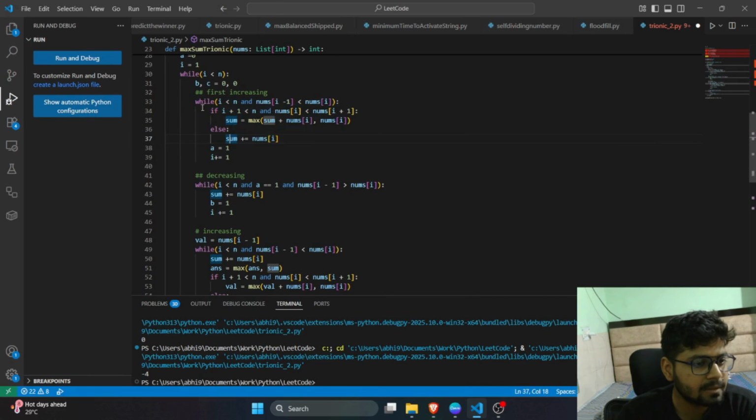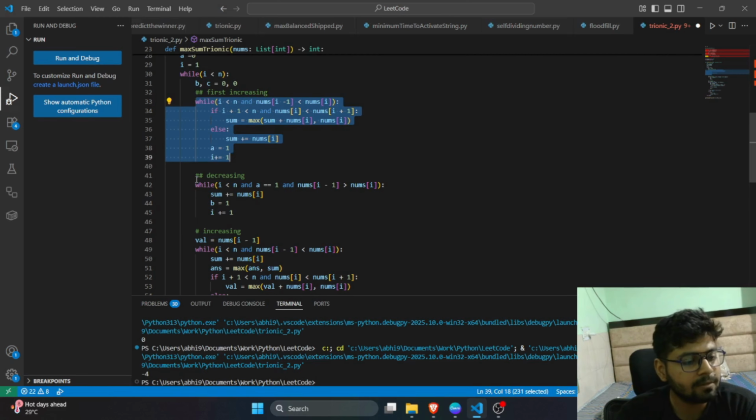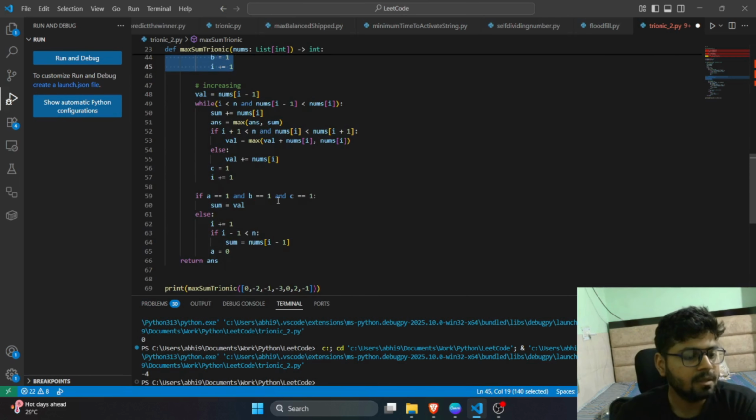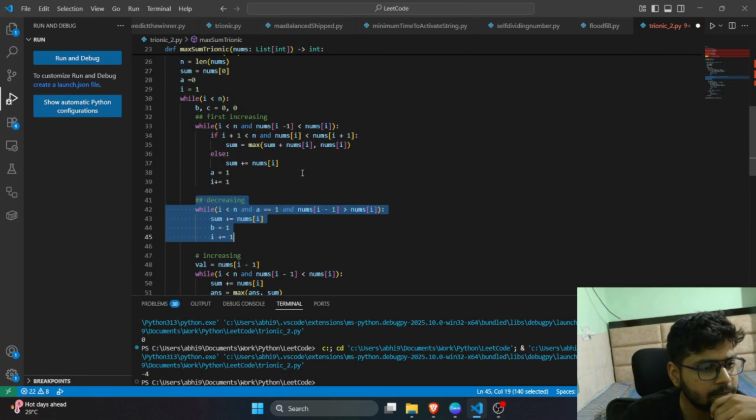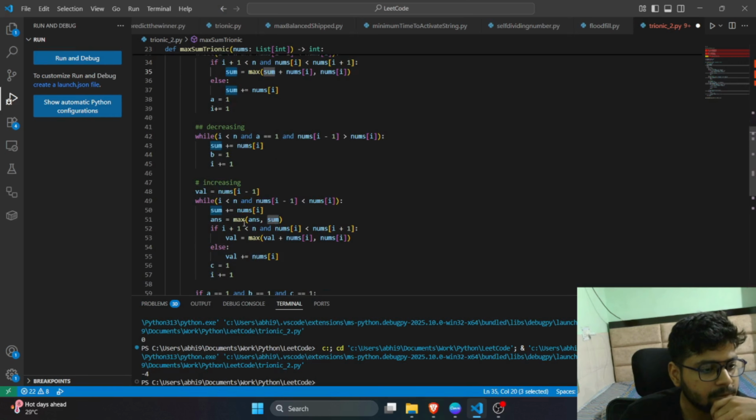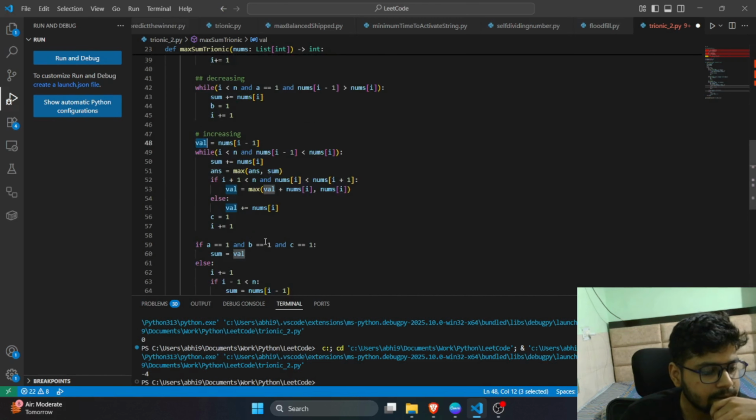So this will not run, it will start running from the decreasing point. Then after that, it's the same as the above one, this condition is the same, just the value we have taken, and that's it.